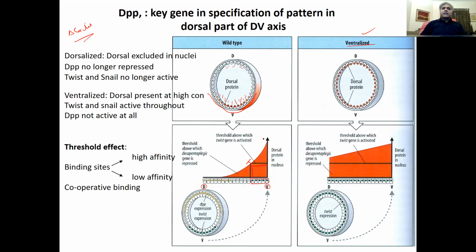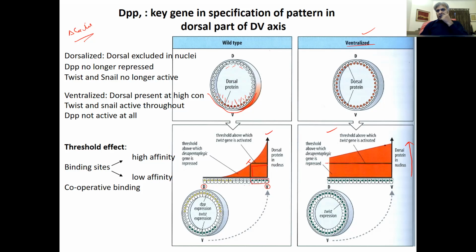And this is telling you, when you compare this graph with this one, what happens when you disturb the concentration gradient, or go beyond a threshold of dorsal protein. Here you have passed that threshold. You have increased the dorsal protein concentration so that there's more dorsal protein present, and the threshold is now lying here.